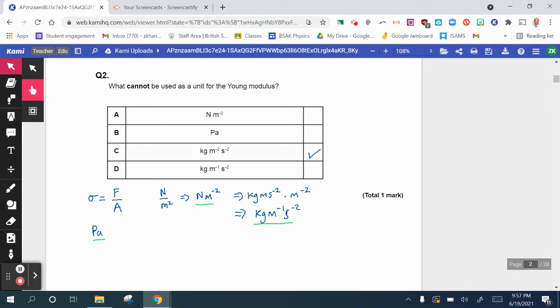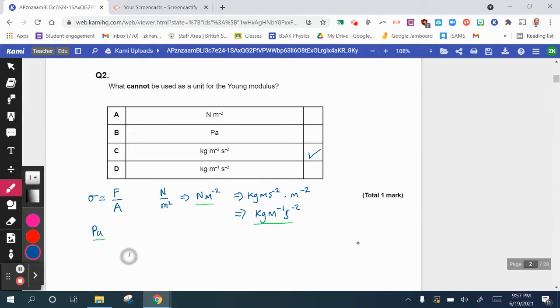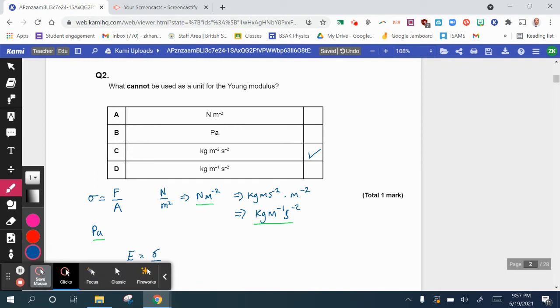Young's modulus is the stress, so let's just write that down. It is the stress over the strain. Okay, so that's the stress over the strain, and what we have here is the strain does not have any unit.